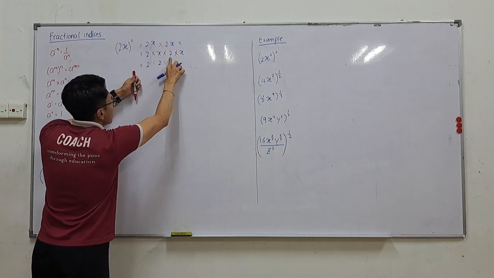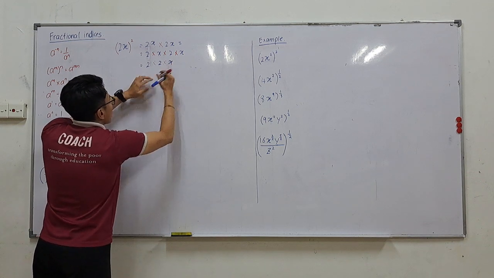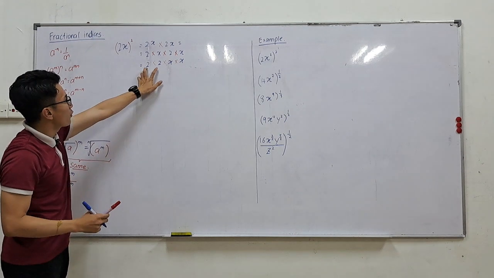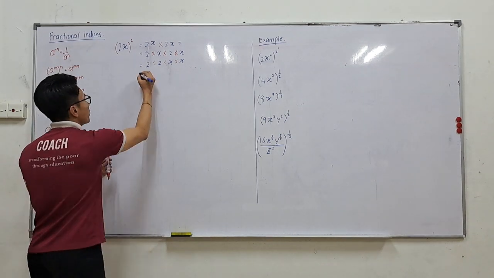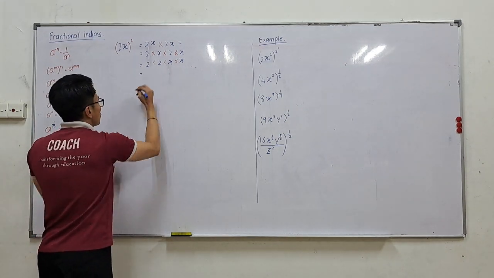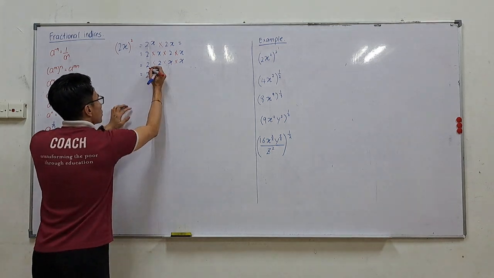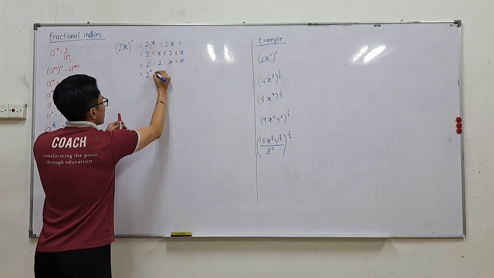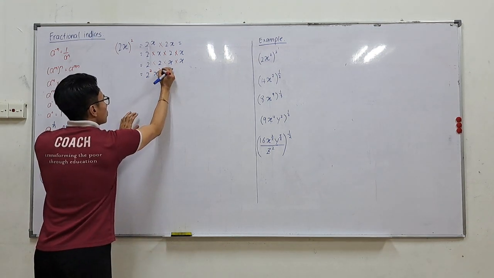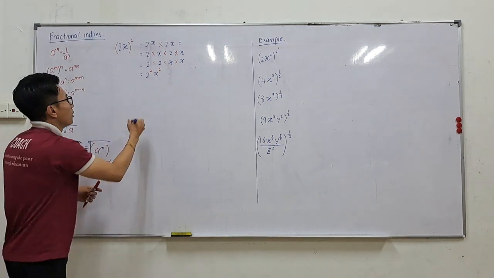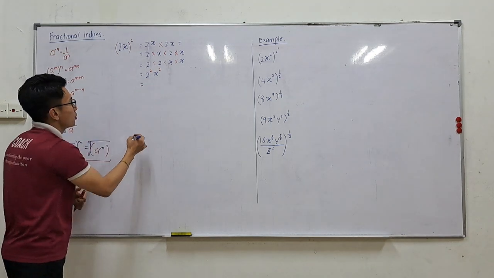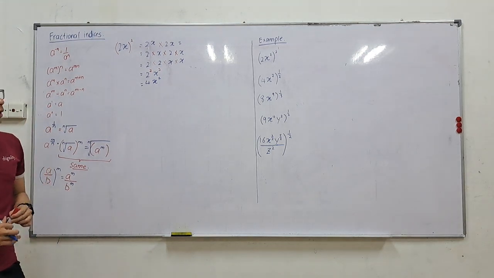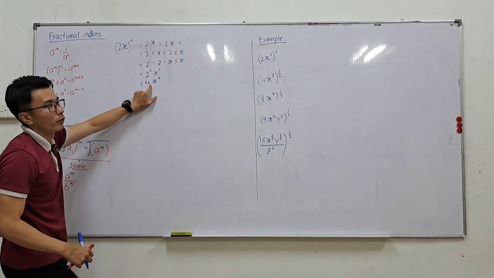Then I can rewrite this into 2 squared multiplied by x squared. So this will simplify into 4x squared. So that's the correct answer over here.